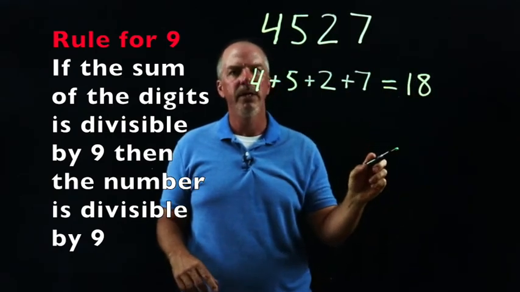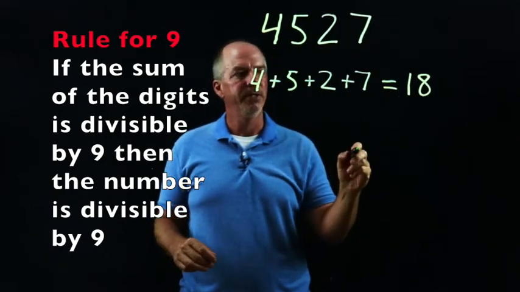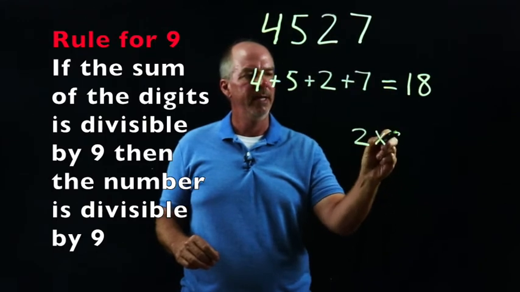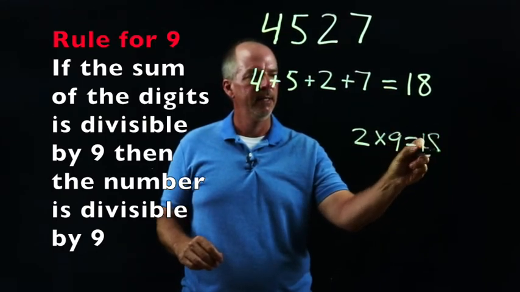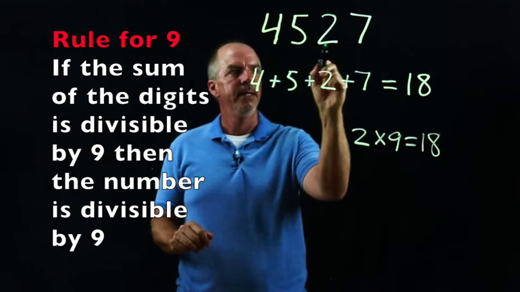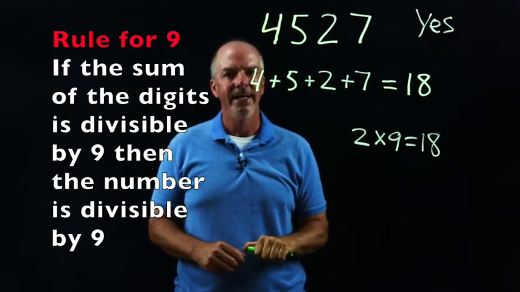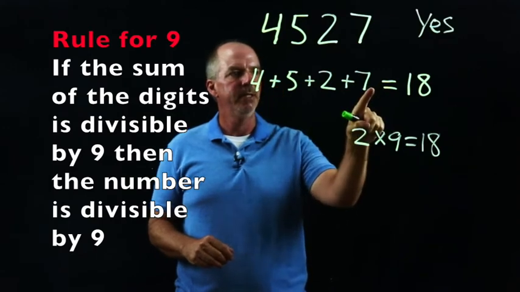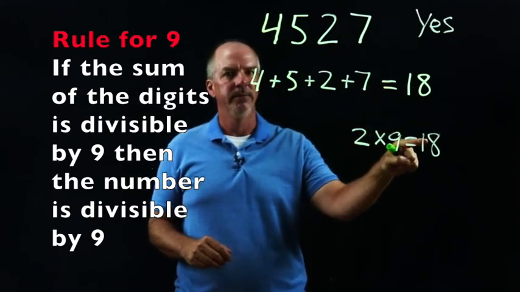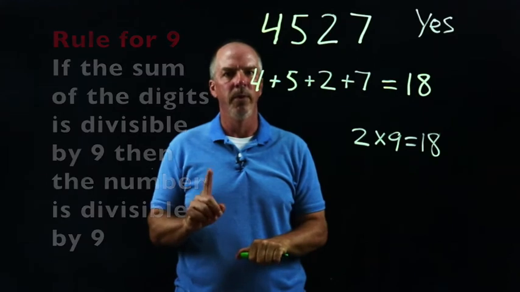So 18 we know is divisible by 9 because 2 times 9 is 18. So yes, this number is divisible by 9 because the sum of the digits is divisible by 9.